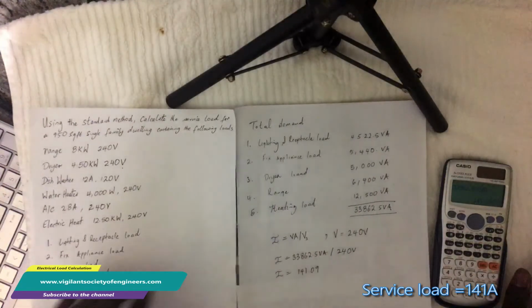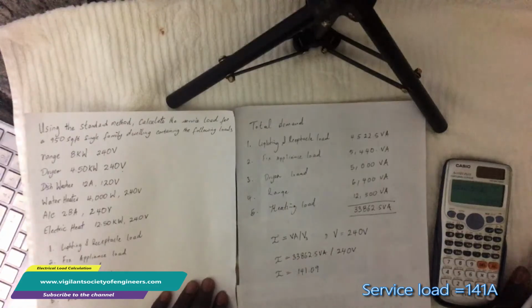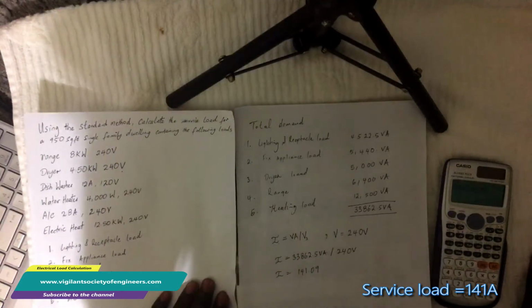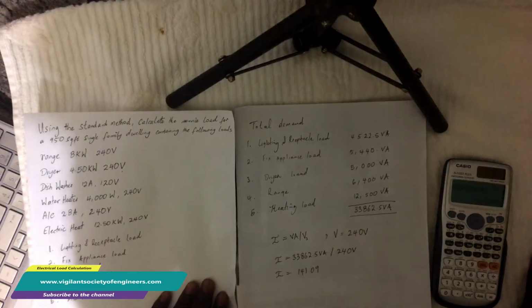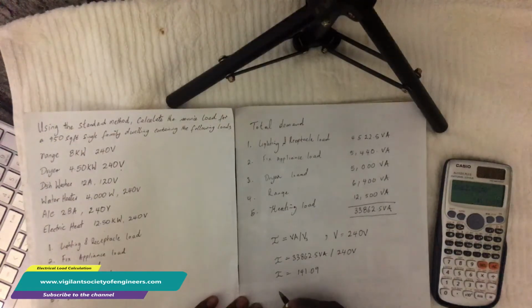That's just about it. The question did ask us to find anything more than the service load, so we won't be considering the service at this moment. We'll finalize this at 141 amps.